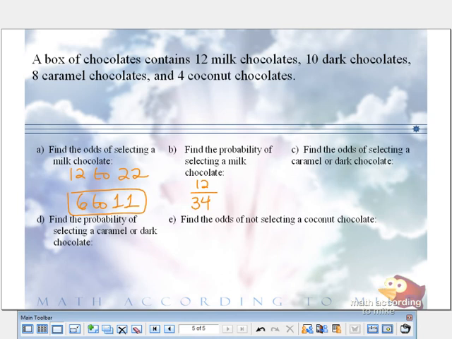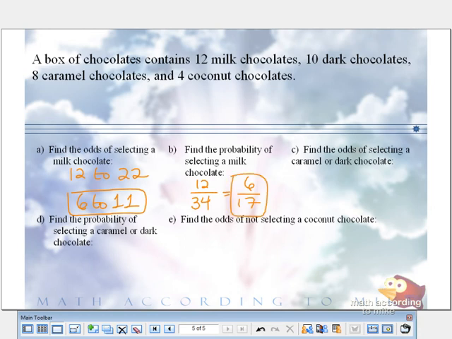And how does that reduce? That should make sense from part A, because out of the 17 total, 6 plus 11, 6 of which are milk chocolate. And that's what these formulas say.